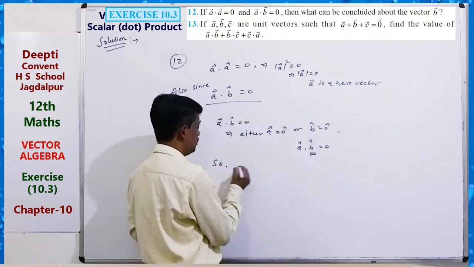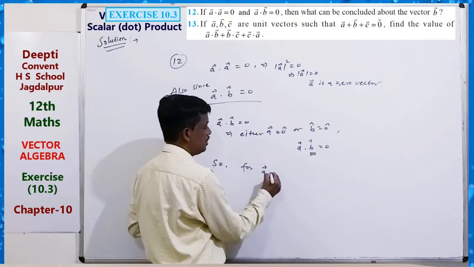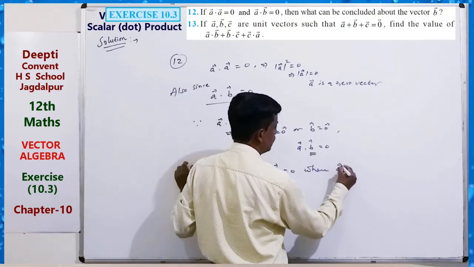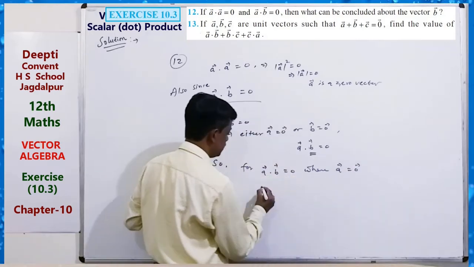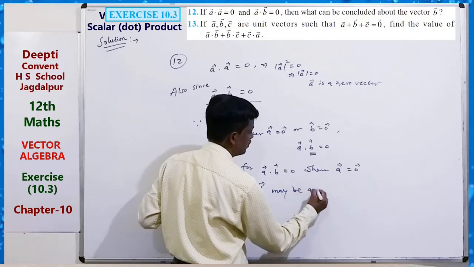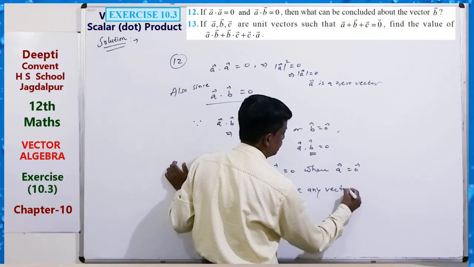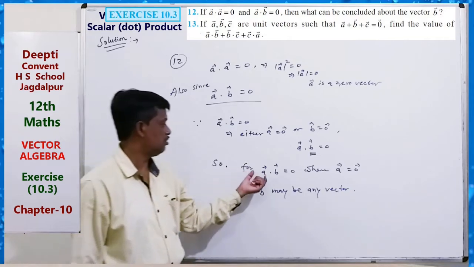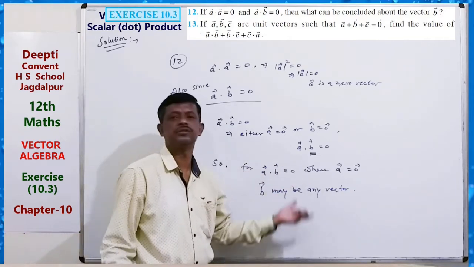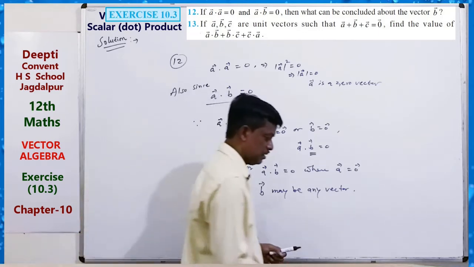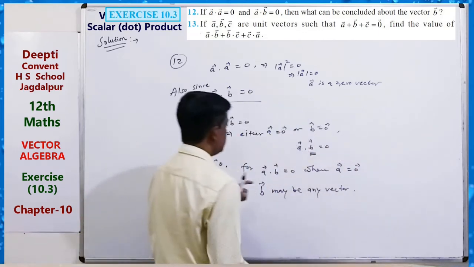So, for A dot B equals 0 where A equals 0 vector, B may be any vector. Because if A equals 0, B may be any vector, then this is also equal to 0. Clear? So, B may be any vector.